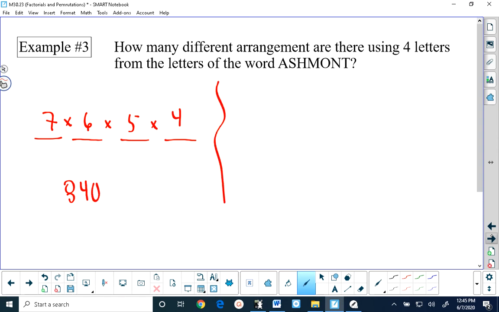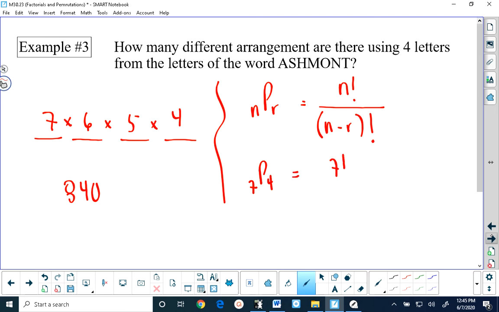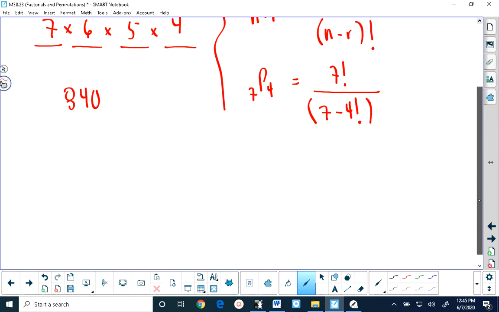Now, why does the formula that I showed you a minute ago work? Let me write down the formula again. It says nPr equals n factorial over n minus r factorial. All right. Well, in this case, it's 7P4. So n is 7. This will be 7 factorial over, on the bottom, we will have 7 minus 4 factorial. That gives us, for 7P4, 7 factorial over 3 factorial.